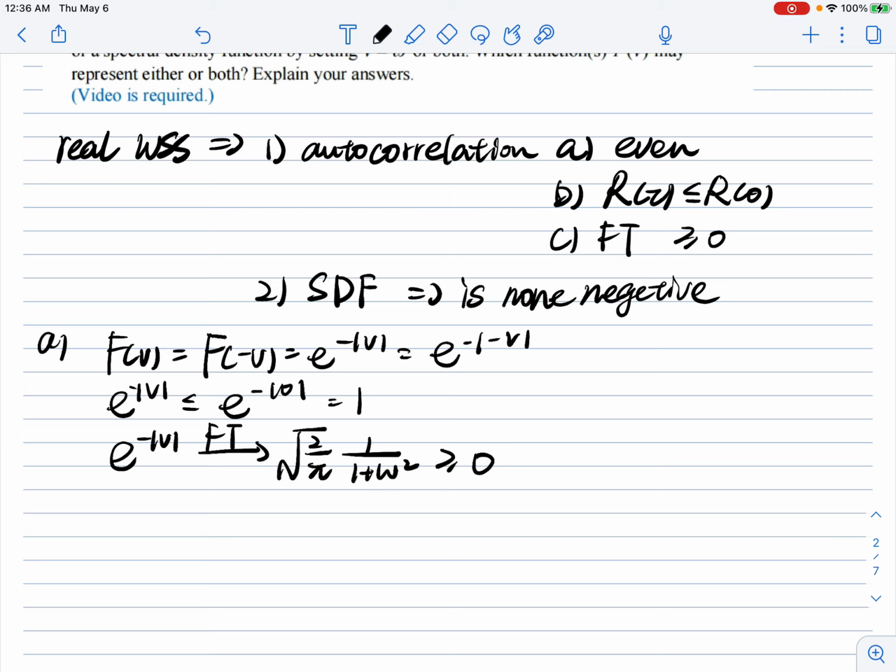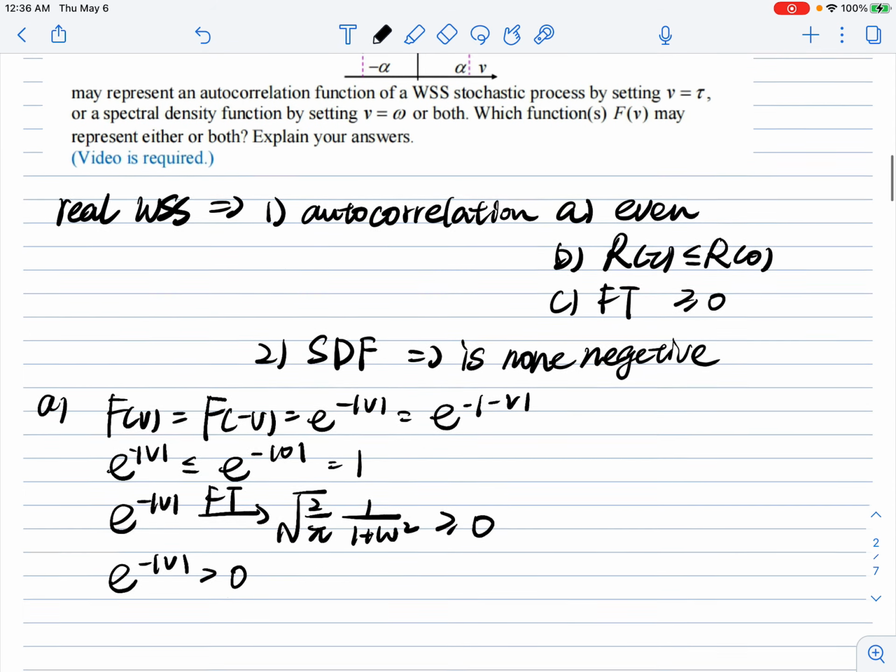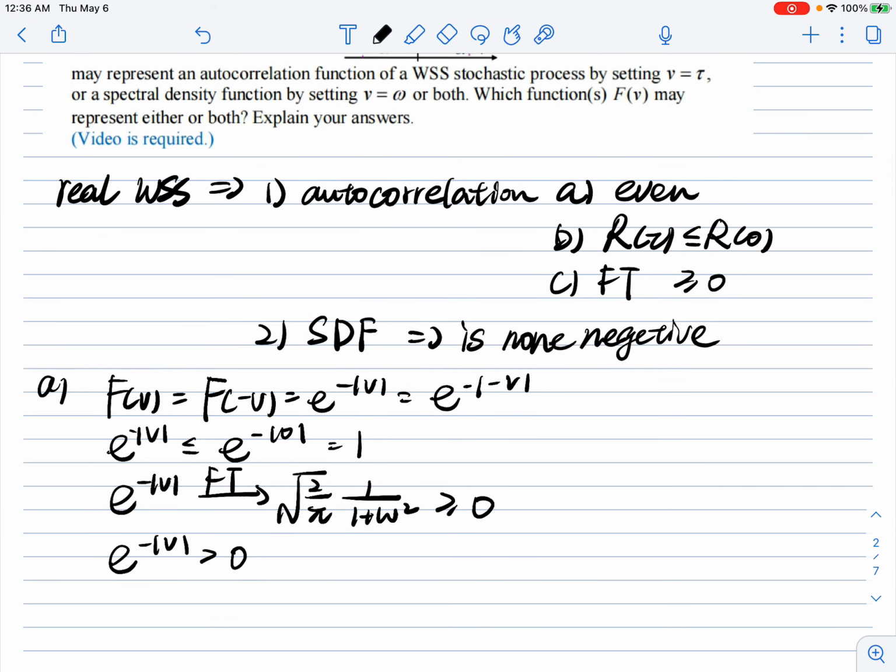And of course for this function, it is larger than 0, so it is positive, and it meets the requirement for the spectral density function. So it meets all the requirements. It can represent an autocorrelation function and also a spectral density function.